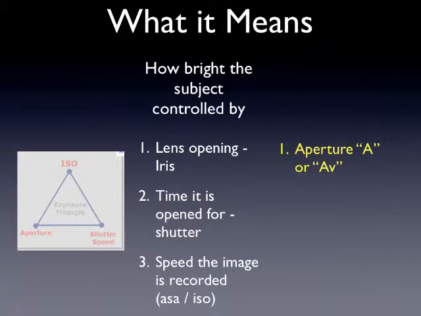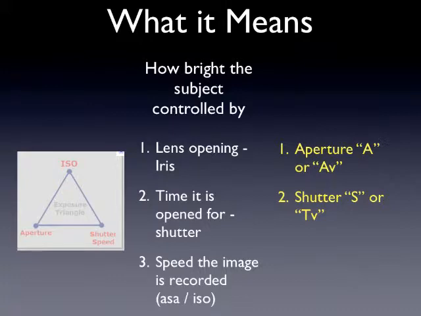Now on your camera, the lens opening, as you might remember, is referred to as the A or the AV, and if you turn your little dial on your camera to select A or AV, it means the cameraman is going to lock in how big the opening is. What does that mean if you lock in the opening to a particular size? In other words, it doesn't change at all. It means as the light changes, the camera will automatically adjust the shutter, the time, or the ISO, the speed that the image is recorded.